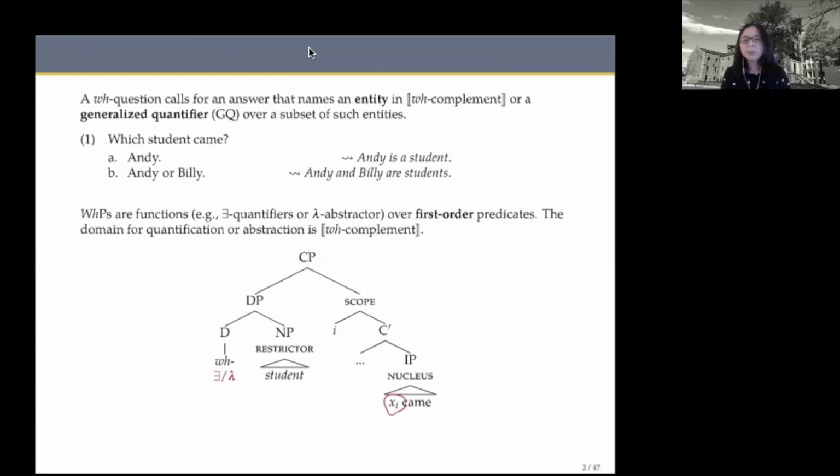There are many options to compose and define questions. And in this talk, I'm going to follow categorial approaches just for the sake of convenience of tracking the relation between questions and answers. And the core idea of this work is independent from the choice of the framework.